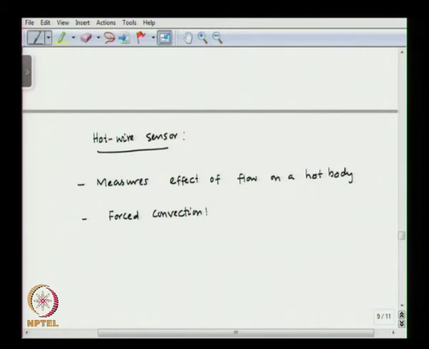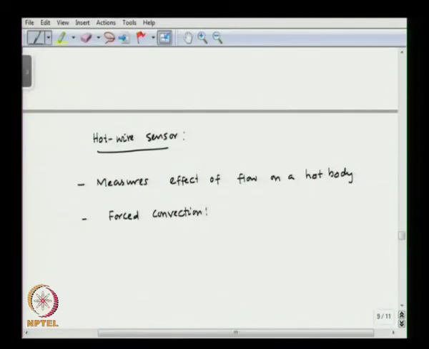So, what is going to happen is, if you have a constant heat flux coming onto a surface, and the flow rate increases, then the temperature is going to go down at a constant heat flux. And if you are trying to maintain the surface at a constant temperature, then the heat flux has to go up with increase in flow rate. So, there are two things that can happen.